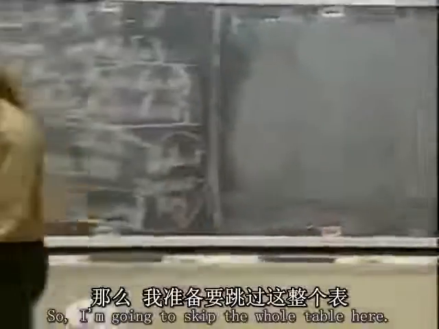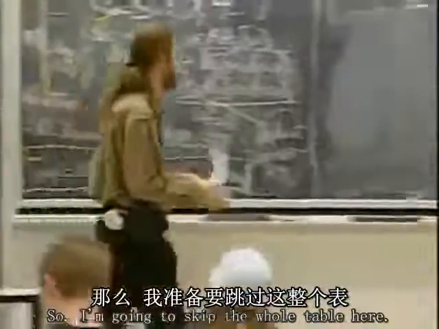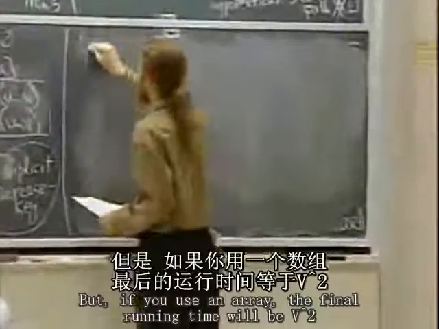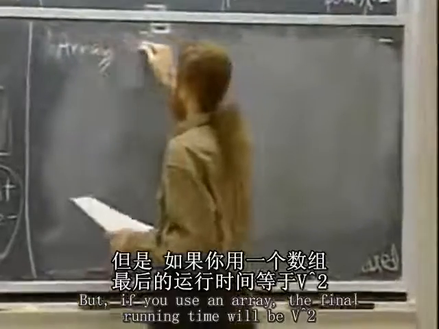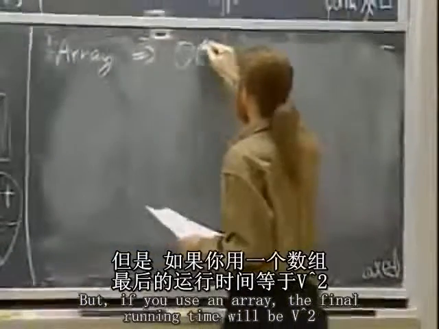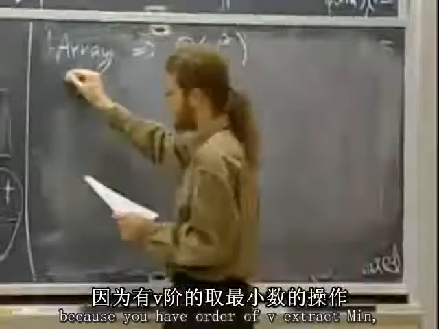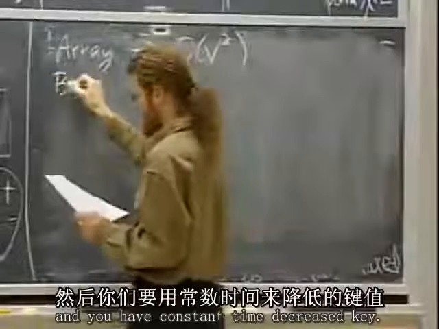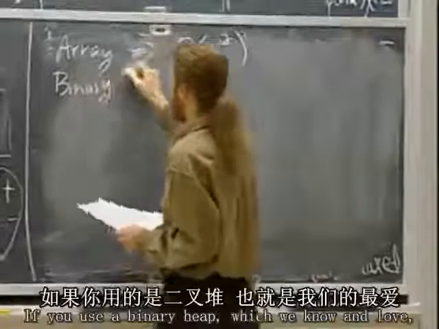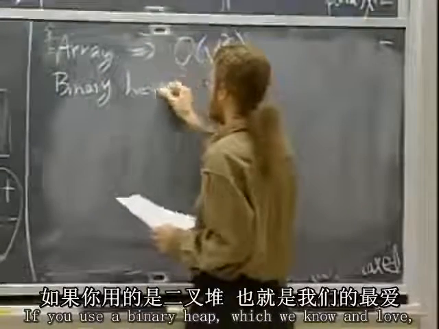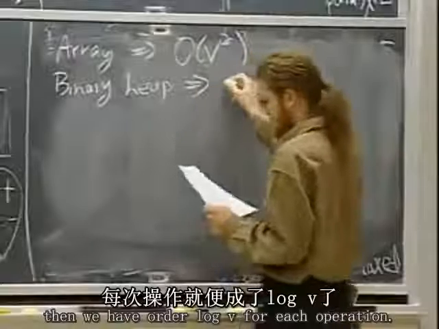So I'm going to skip the whole table here. But if you use an array, the final running time will be V squared, because you have order V extract min, and you have constant time decrease key. If you use a binary heap, which we know and love, then we have order log V for each operation.